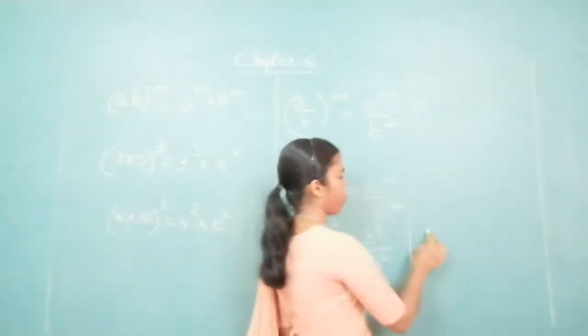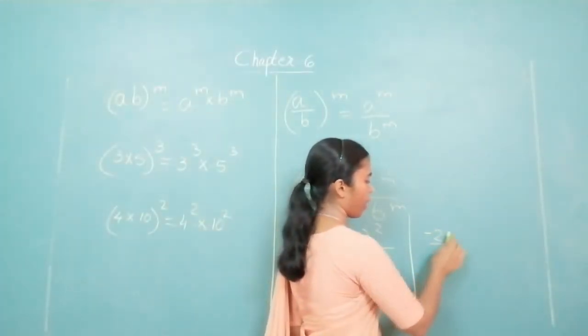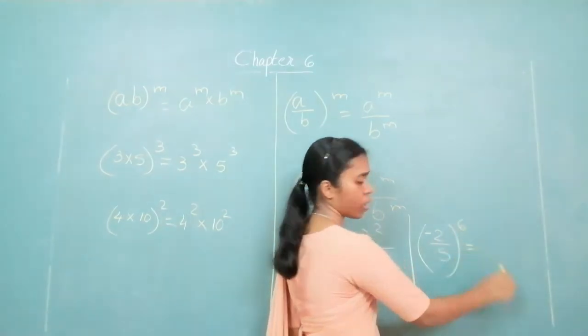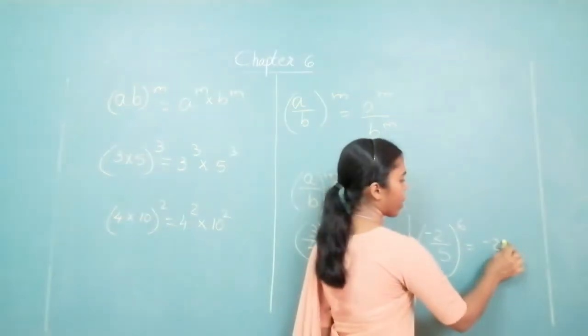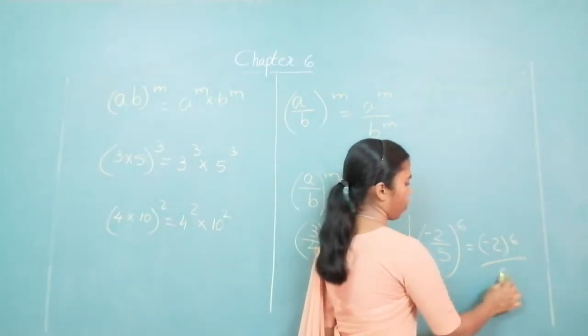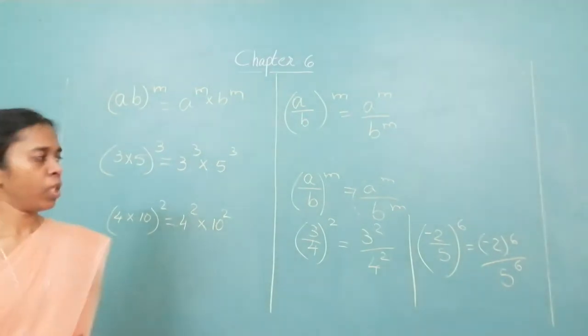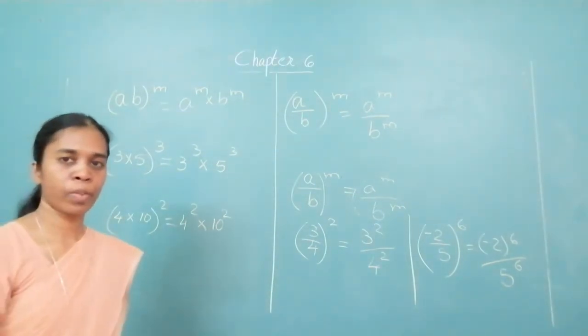Similarly, suppose I have (minus 2 upon 5) raised to 6. What is the meaning of it? Minus 2 raised to 6 upon 5 raised to 6. Okay. This is the meaning of it.